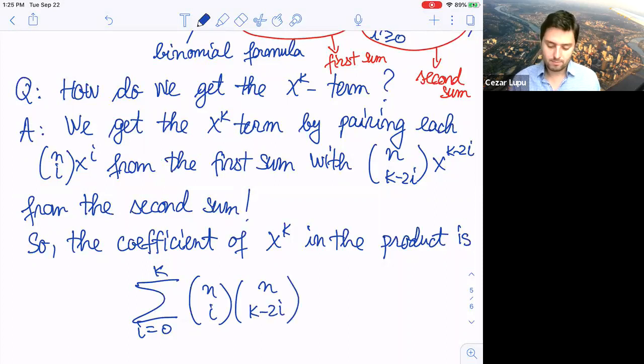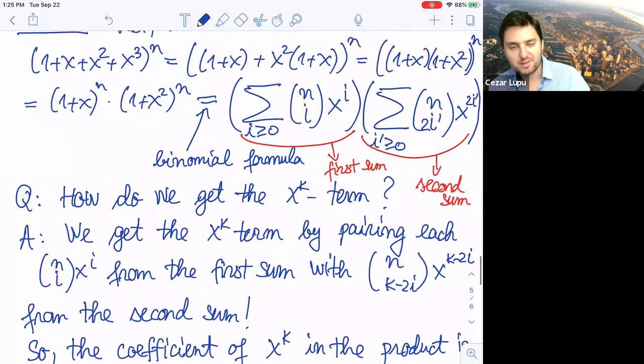And that's it. We're done. That was the problem. The only thing you had to do was just to look at these two sums. So that's the problem.